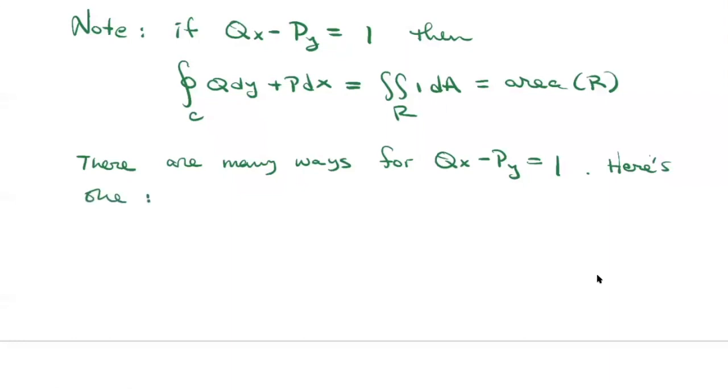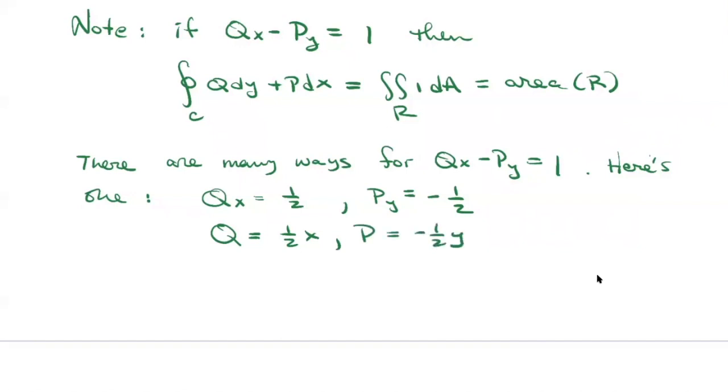Qx could be half. Py could be negative a half. That's probably a more complicated way. There are easier ways for this to happen. Okay, there you go. So it's a half plus a half now. So that would mean Q would be 1/2 x, and P would be negative 1/2 y.